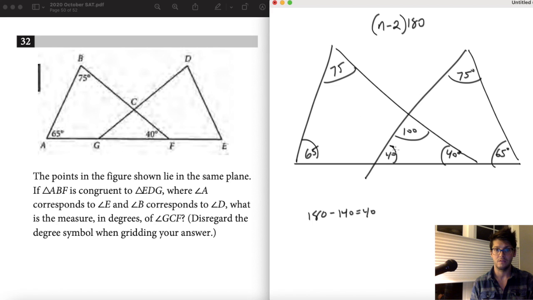So I could tell you that this is 140, and I could tell you that this right here is 80. And you could see that all four of these add up to 360. 75, 65 is 140, plus another 140 is 280, plus another 80 is 360. So just in case they ask you a slightly more complicated question, there you have it.